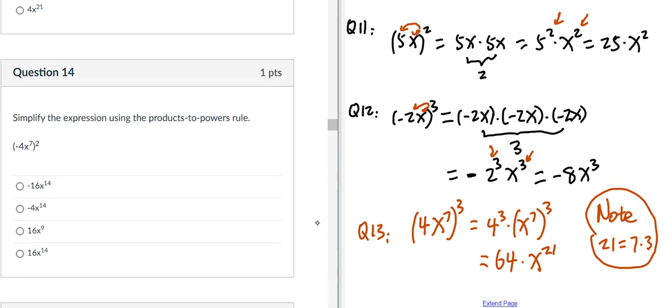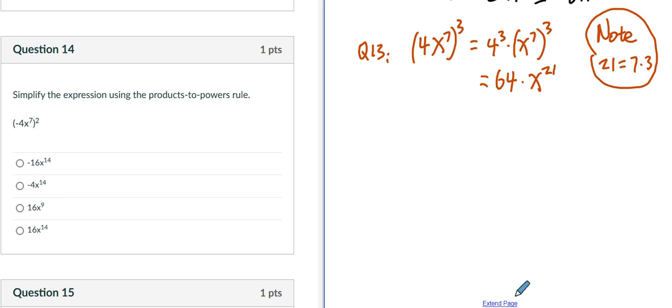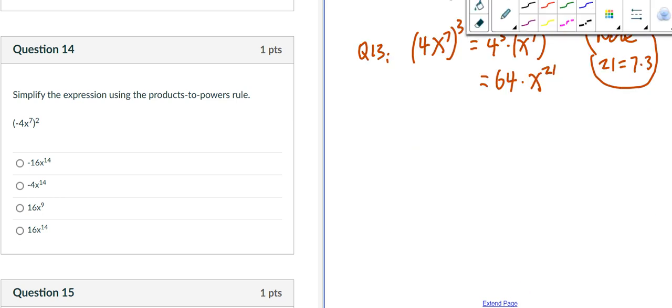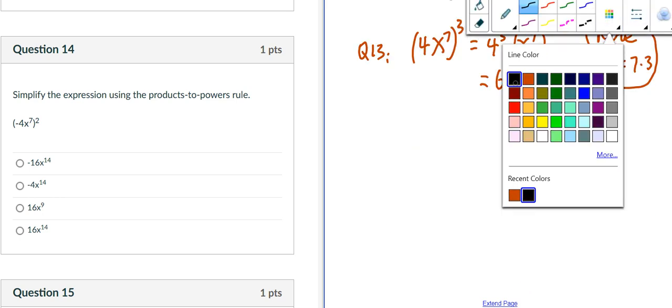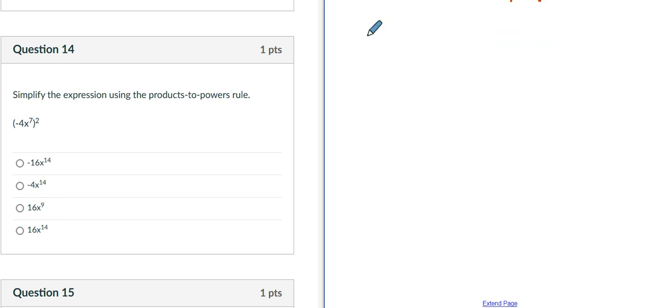Here is the same thing. Let me do question 14 here. I want to use the black ink. So 14 is negative 4 times x to the 7th, and then squared.